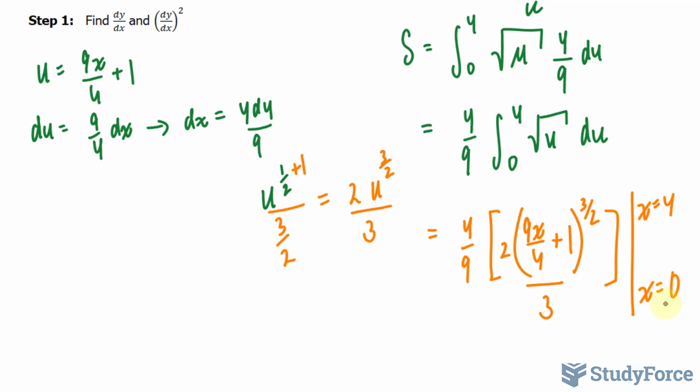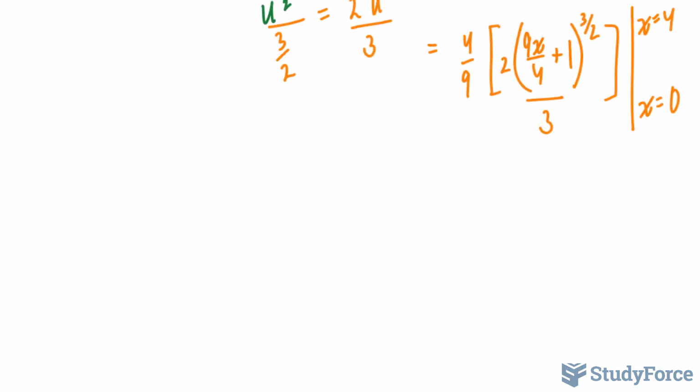I find the answers for both and subtract the lower bound from the upper bound. Now, before we evaluate this, you see this 2 over 3? I'm going to pull out that 2 over 3 so that it's multiplied to 4 over 9. That will make our calculation a little easier on us.